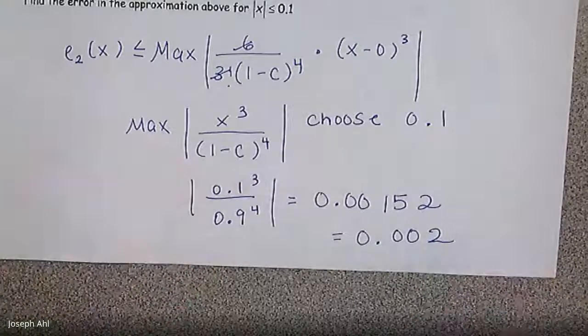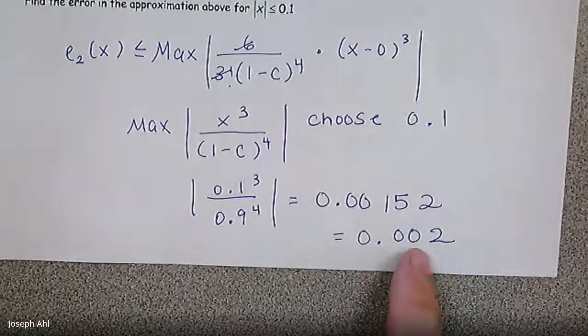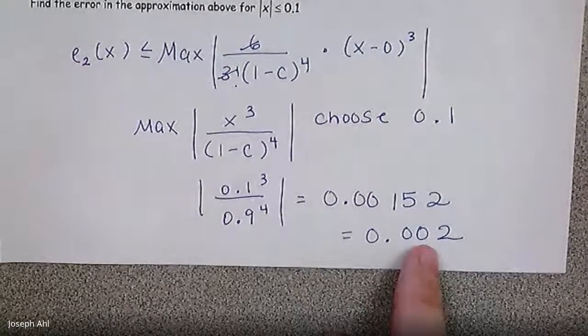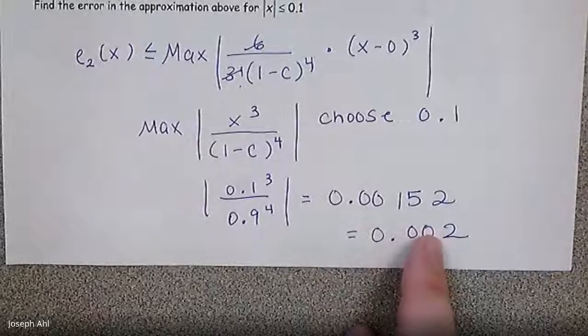So if we compare the quadratic error to what we had for the linear error just a moment ago of 0.014, we see that we will even be guaranteed to have less error using this quadratic approximation than we would with the linear approximation. Because again, what this represents is the maximum error that we would have within our y values. Not a lot of error at all.